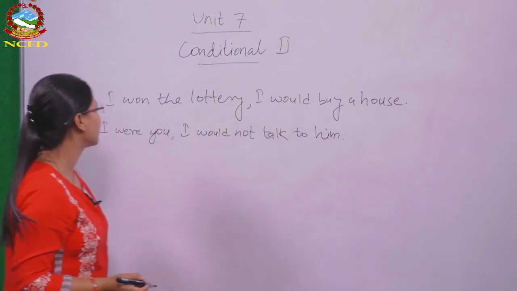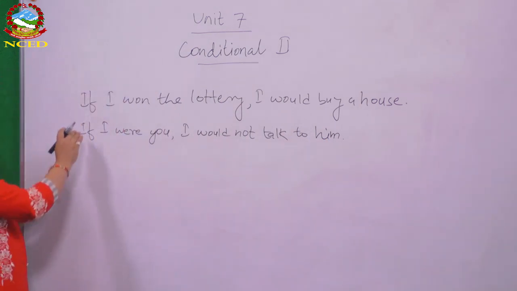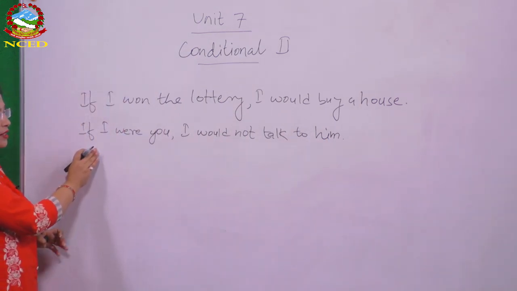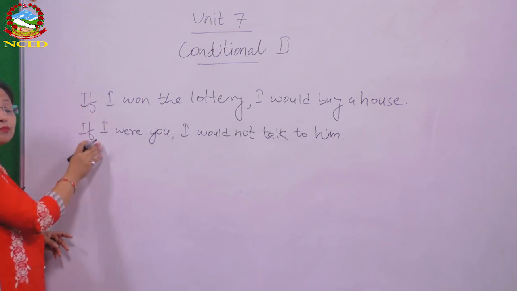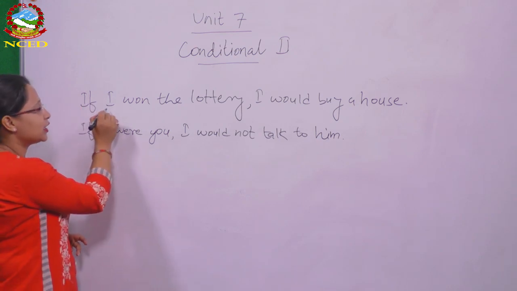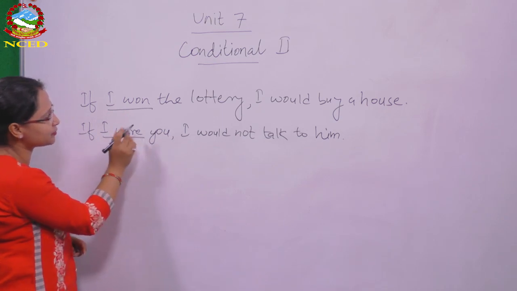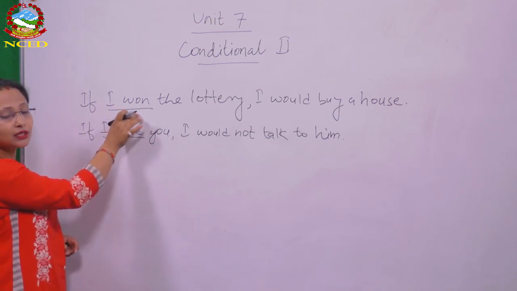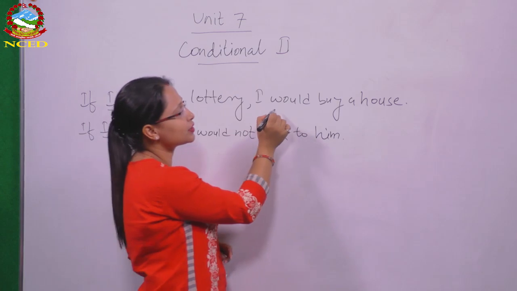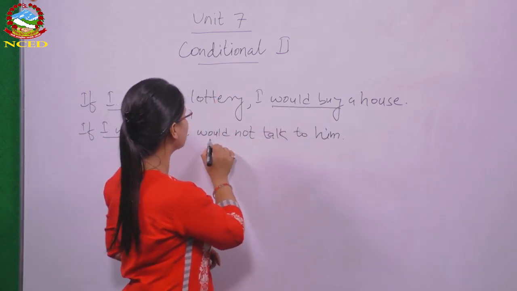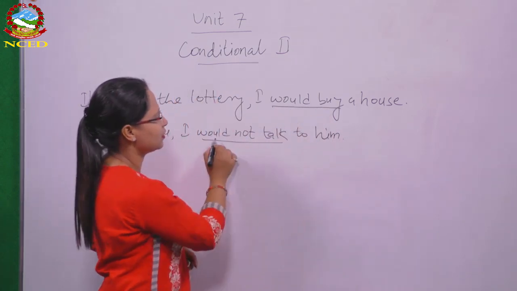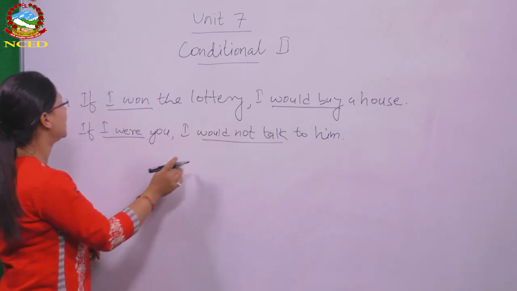Just an example, okay? So what type of conditionals are they now? Can you tell? Yes, they are type 2 because in both the sentences, the if clause is in simple past tense and the main clause consists of would plus the first form of verb, okay? Would buy, would talk, this is a negative form.